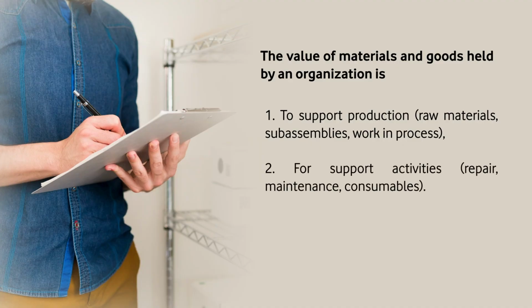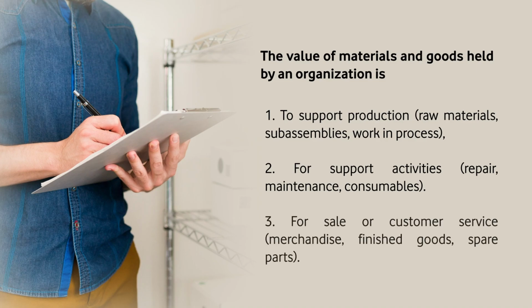Second, for support activities like repair, maintenance, and consumables. We also hold inventory for repair, maintenance, and consumables to support activities. And third, finished goods and spare parts that are available for sale or customer service. These are the three types of support we give to the manufacturing process in the form of inventory.